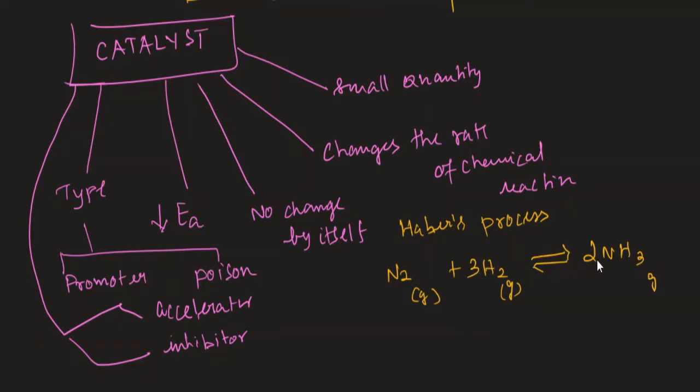Now, what we have to do? We have to take the iron catalyst, finely powdered iron, as catalyst, and molybdenum powder acts as the promoter for iron, to activate further the production of ammonia.